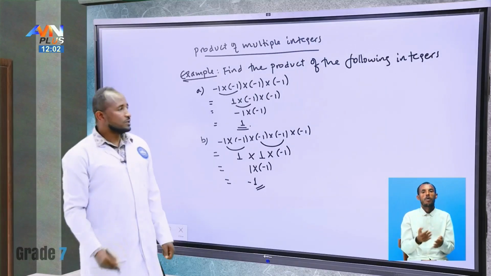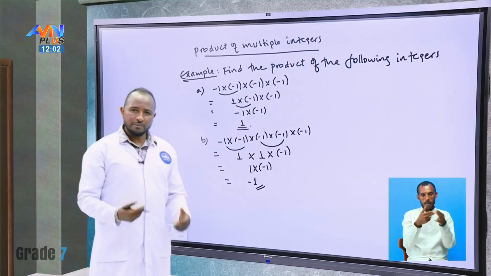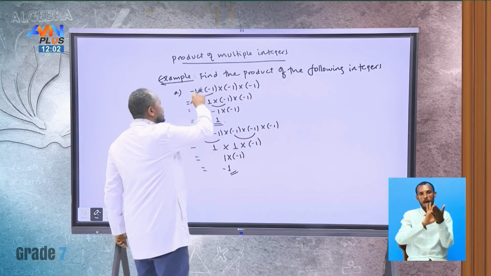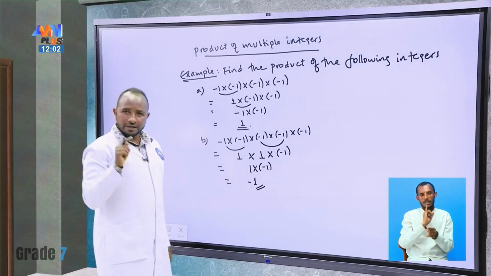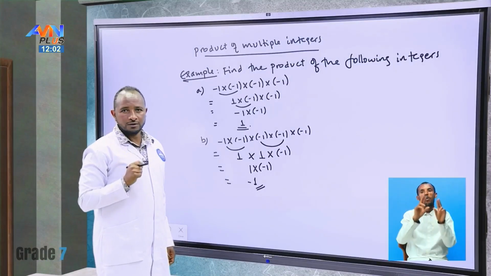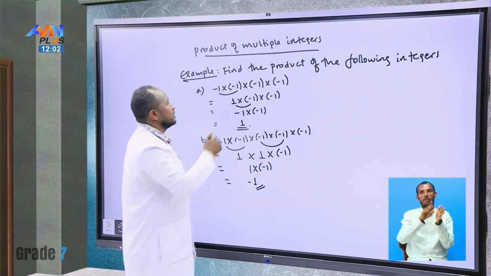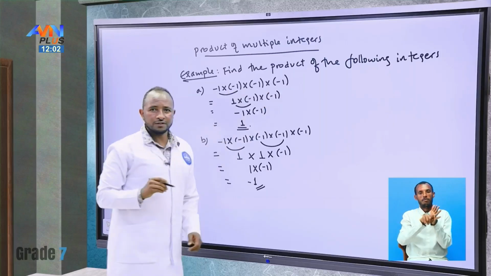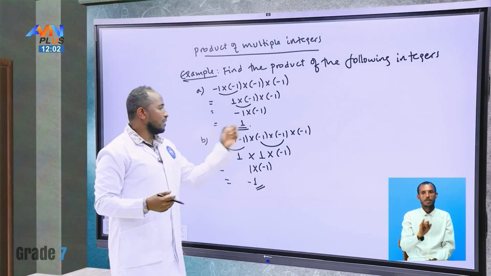Now, look at these two examples. When you multiply the numbers, you can simply count the number of negatives to state whether the answer is positive or not. Here, let's count the number of negatives. You have 1, 2, 3, 4 negatives. When you face 4 negatives, the answer will be positive.